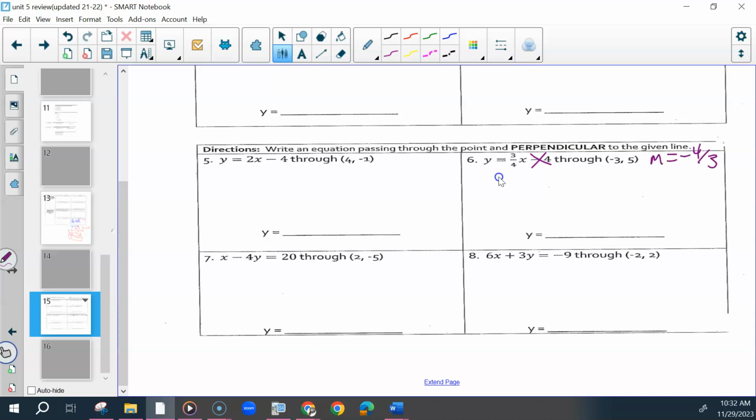And then we're using our point slope with our x1, y1, and our m. So y minus 5 equals -4/3 times x plus 3. But if you put minus minus, that's also fine. We just have to change it first. Distribute and then solve.